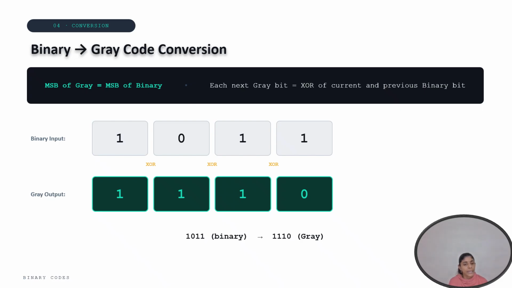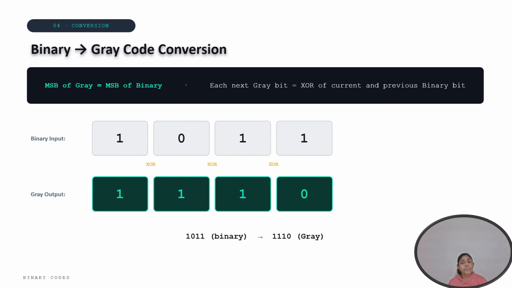So check the binary input I have given: 1011. The left hand side is your MSB and the right hand side is your LSB. What is there in your MSB? 1. The gray output and the binary input should be similar in the MSB position, so whatever 1 is represented there, it is taken as such.